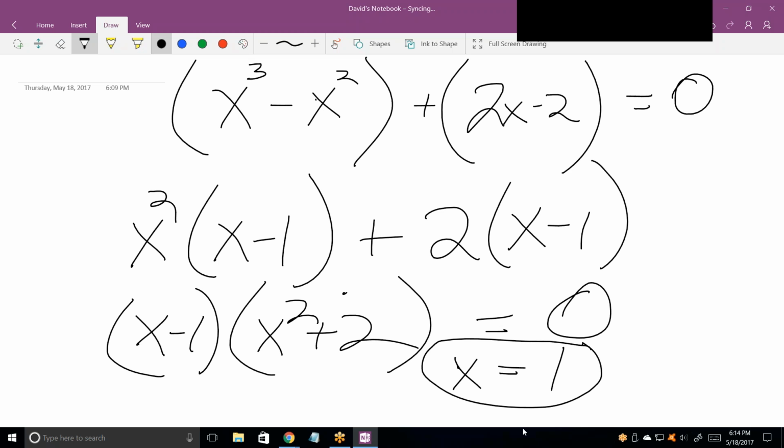This one produces two imaginary solutions. So you can still list those imaginary solutions depending on what the question calls for.